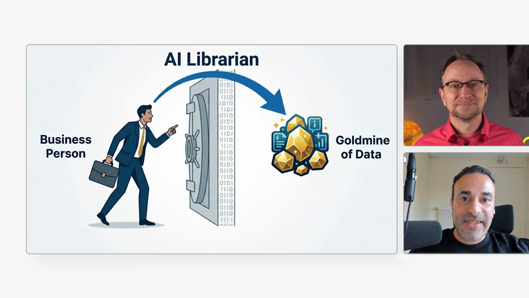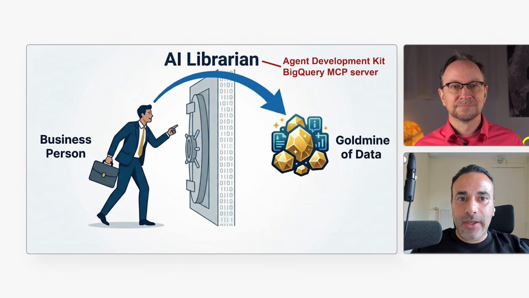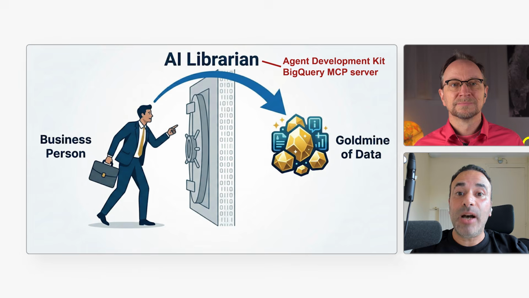So you're essentially building the librarian who speaks human instead of SQL. Precisely. This agent doesn't just know where the books are, it reads them fluently and explains them to you. We are using the Google Agent Development Kit, ADK, and the BigQuery MCP server to make that happen.